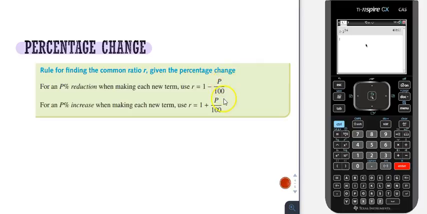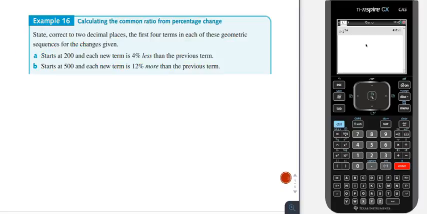Basically, we're converting the percentage into a decimal, and we're going to go 1 minus it. So that's how much we're going to reduce by. Or if we increase, then it's the same, just plussing instead. So 1 plus that percentage as a decimal to give us that ratio.